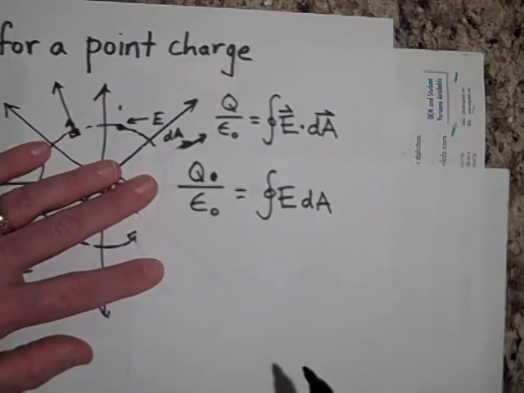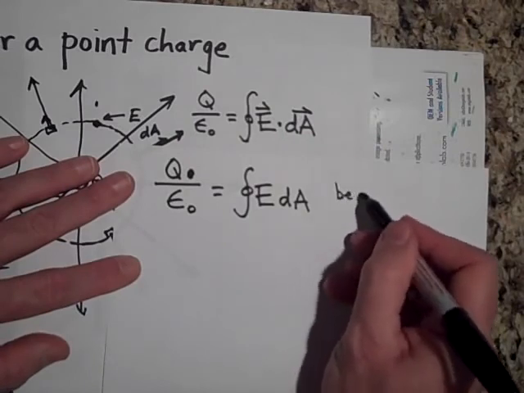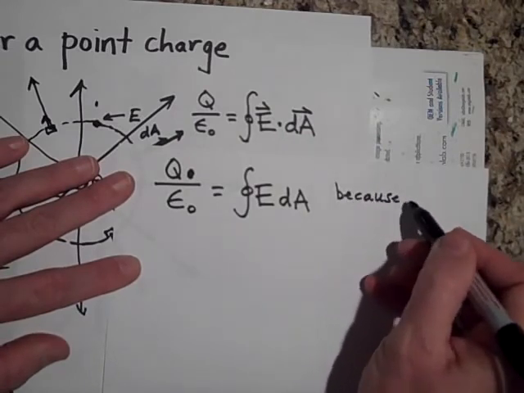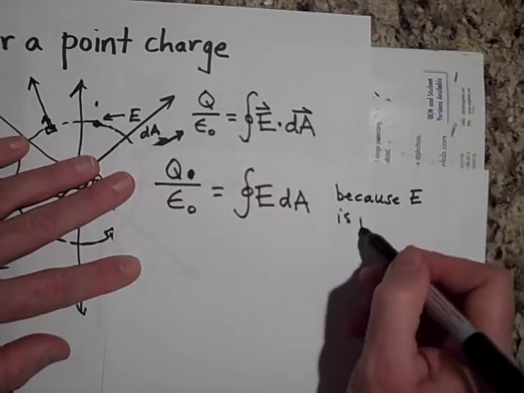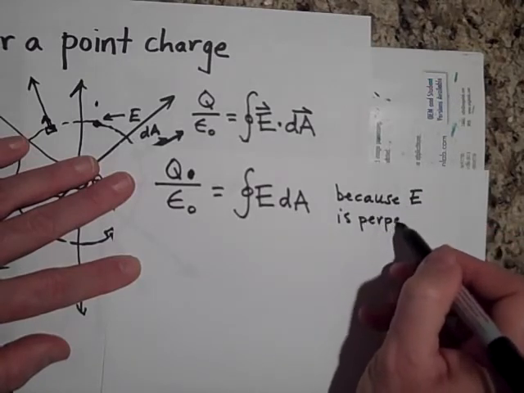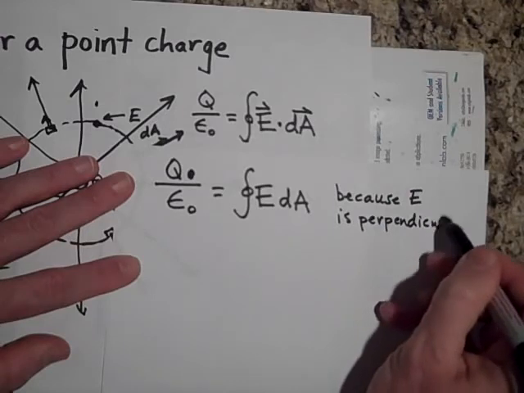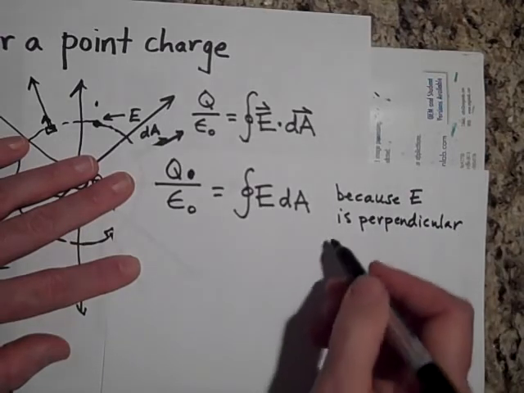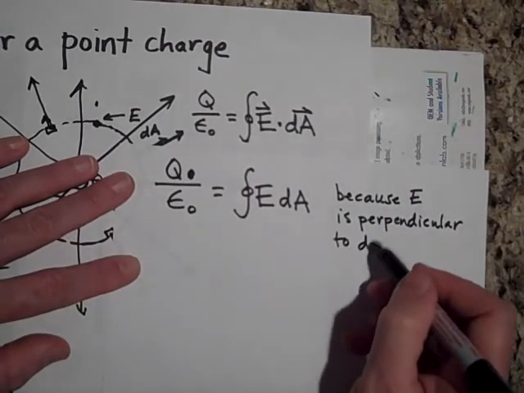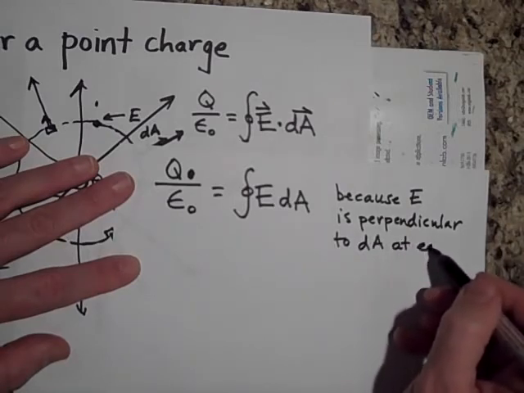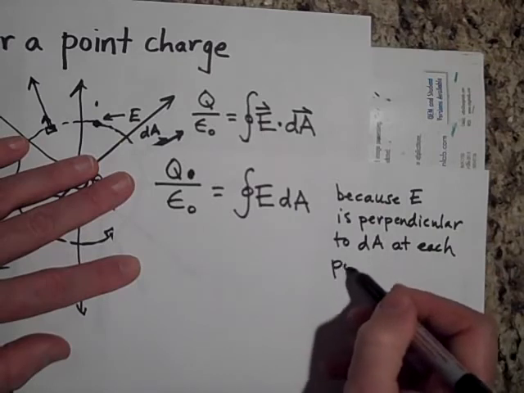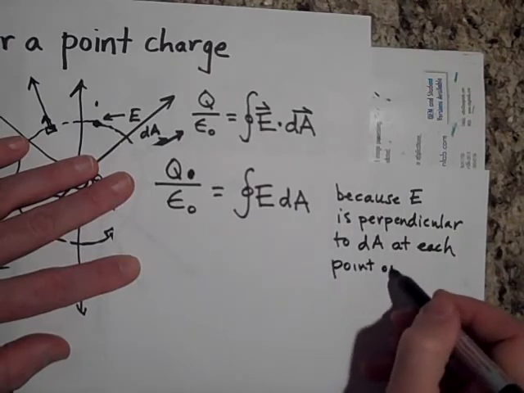And the argument for that is because E is perpendicular to dA at each point on the Gaussian surface.